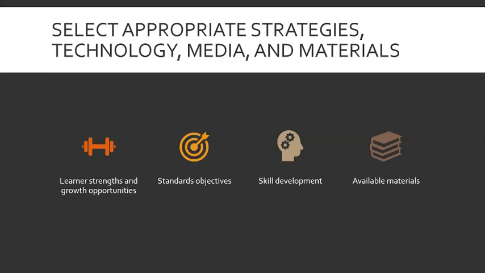So choosing the strategies and technology will depend on your learners and their specific needs. So remember that analysis that we discussed earlier. What strengths did your students have? What about your standards and objectives? What skills do you need to emphasize?